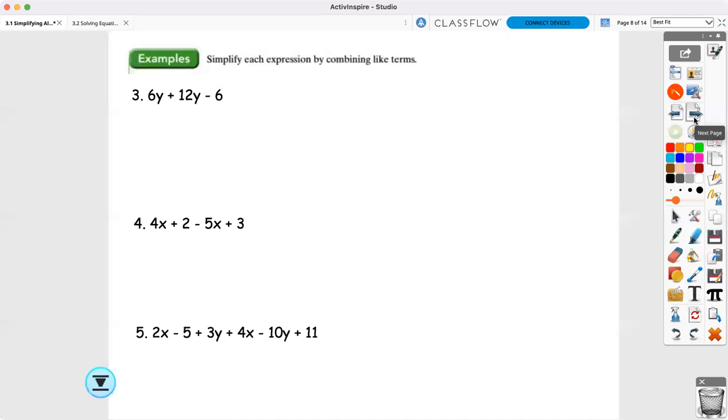Here are 3 examples, guys: 3, 4, and 5. I'm going to give you a minute to set up the first one. So this is 3 different examples here: example 3, example 4, and example 5.